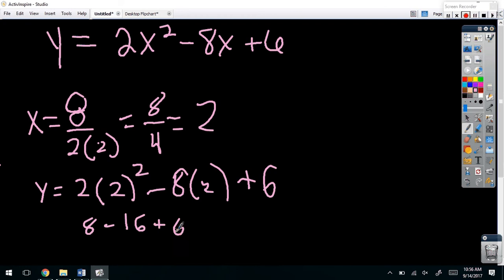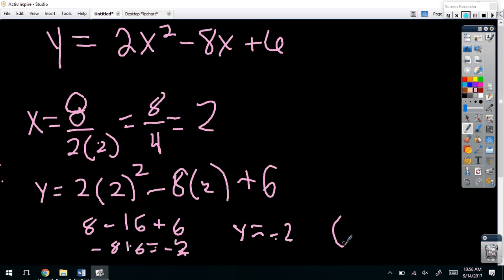And then we're going to, hold on, let me use my brain. This will be negative 8 plus 6 equals negative 2. Okay. Now that we have negative 2, that's our y. Y equals negative 2.